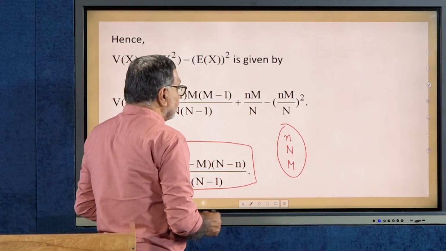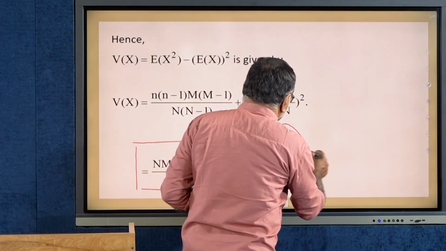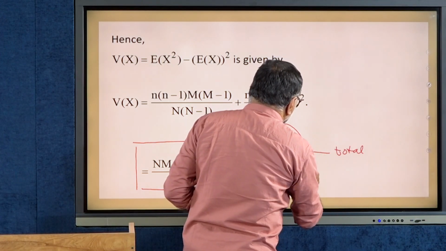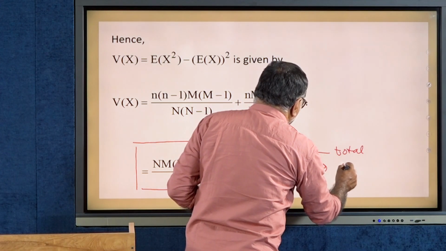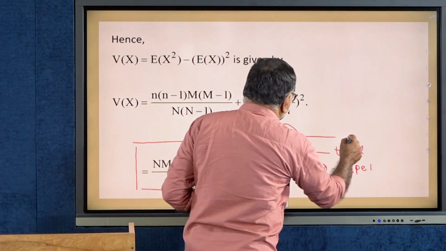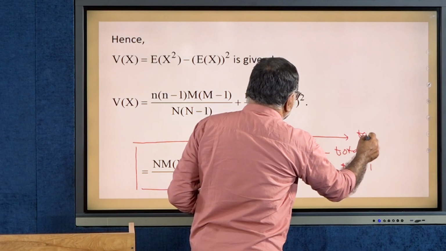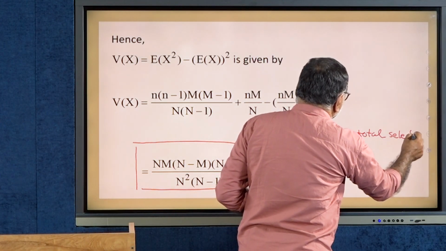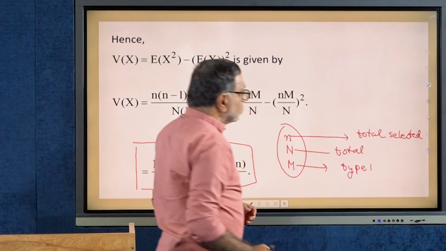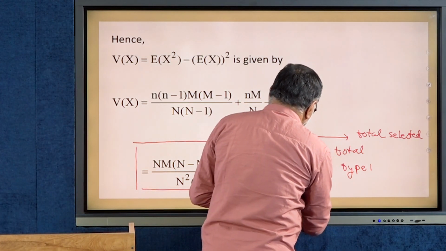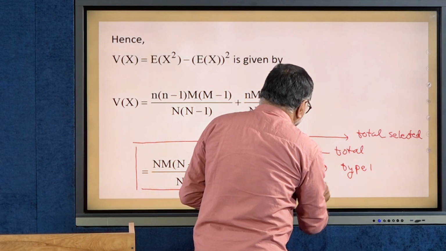Just note. This is the total items we have, and this is the type 1 items, and this is the total number of items selected. So if M is type 1, of course, N minus M should be type 2.